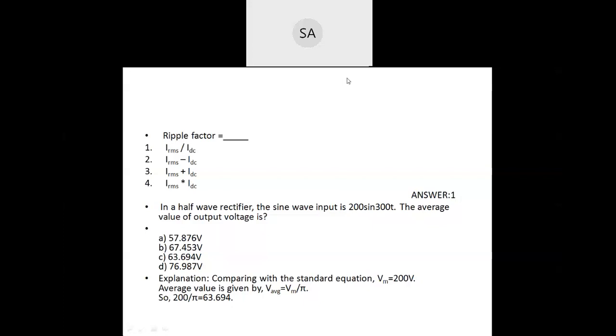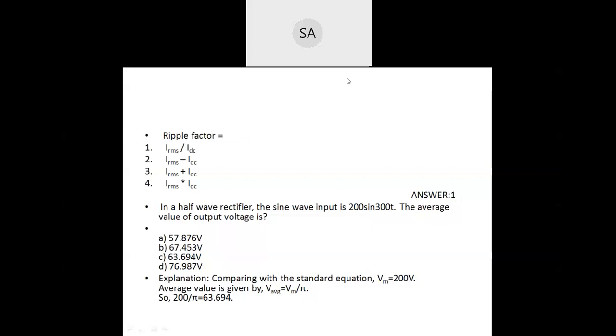The question asks the average value of output voltage in a half wave rectifier. V average, that is VDC, in the half wave rectifier is equal to Vm by pi.